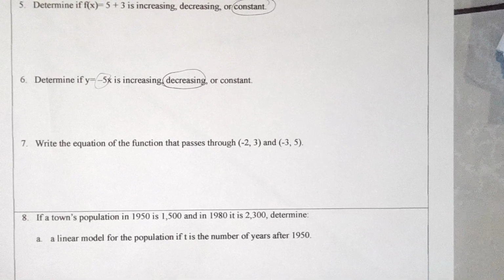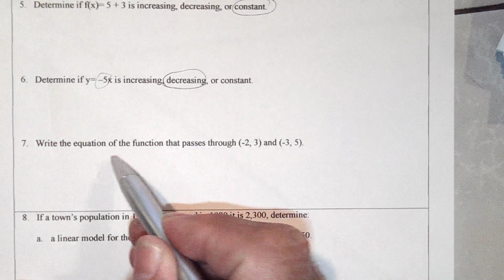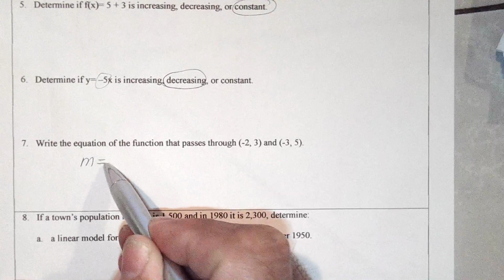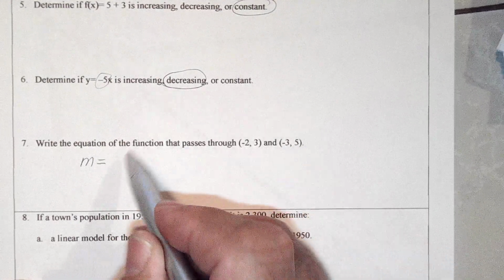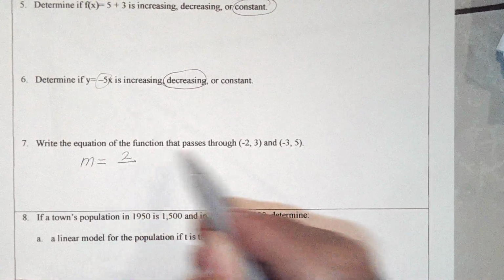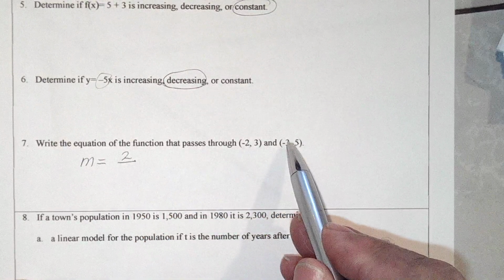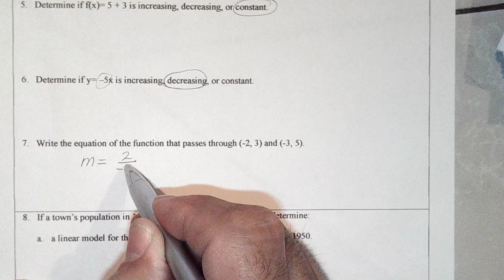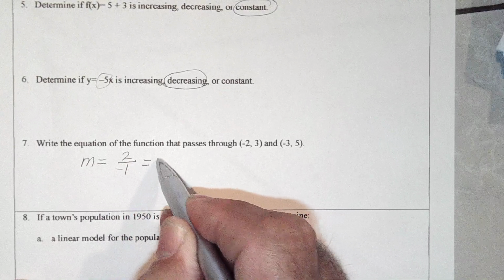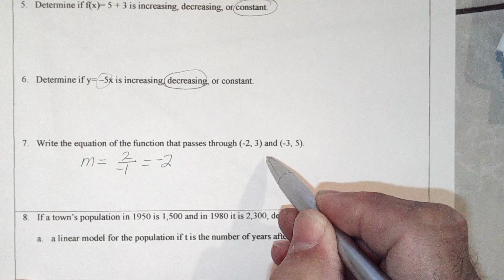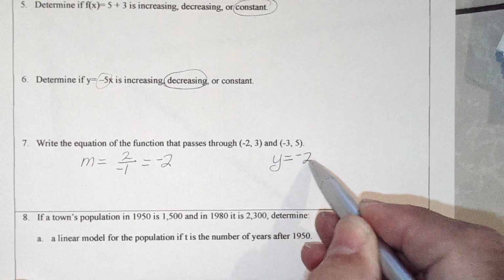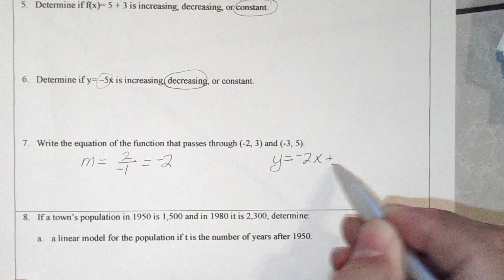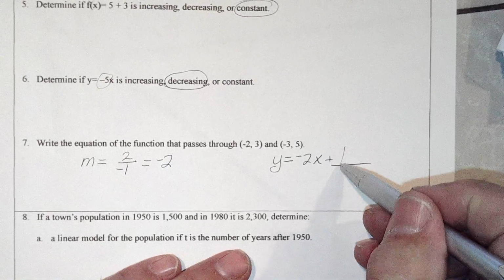Now we have to write the equation through these points. So I need the slope, which is change in y, 3 to 5, it goes up 2, over change in x. Minus 2 to minus 3 is minus 1. So the slope is negative 2. So my equation is going to be y equals negative 2 times x plus some b.